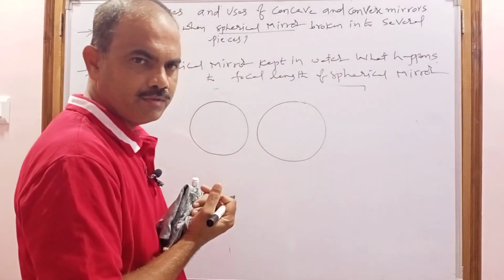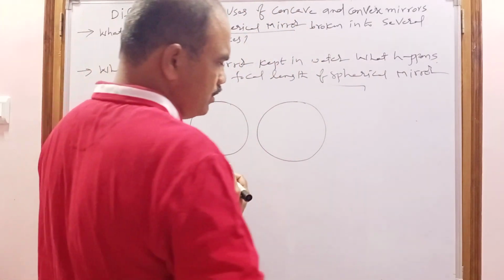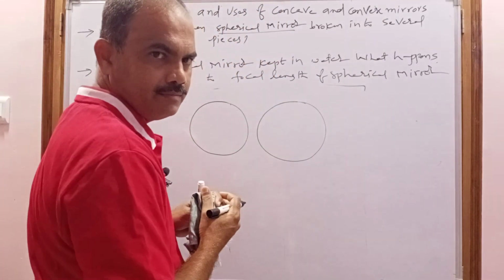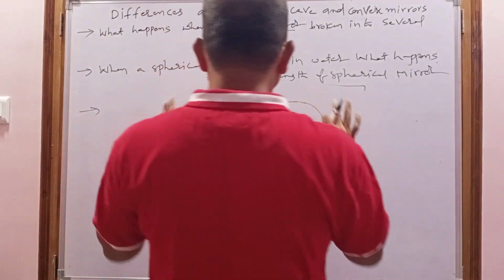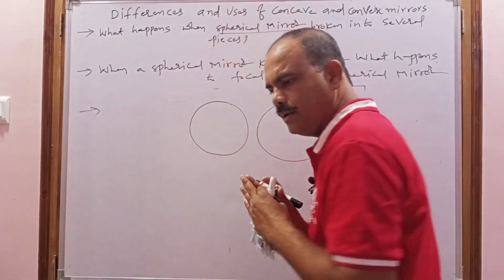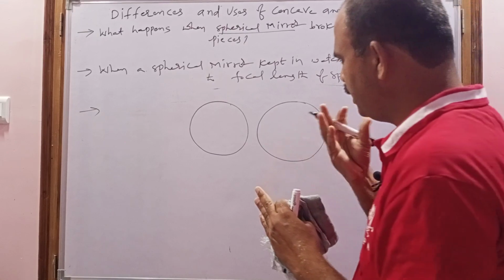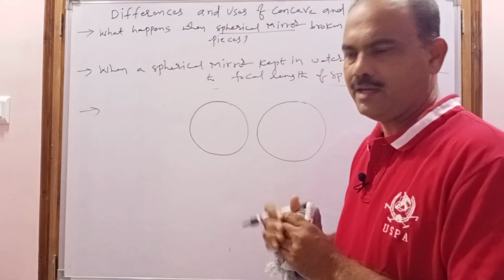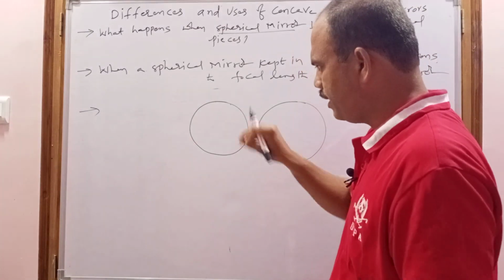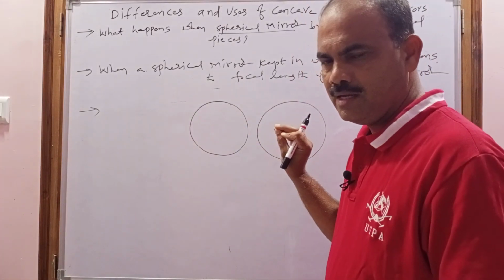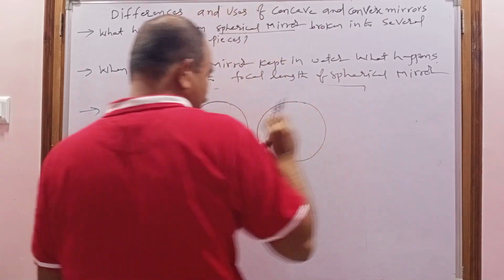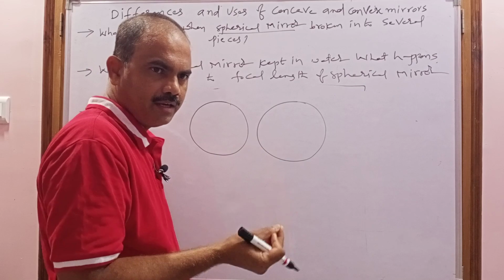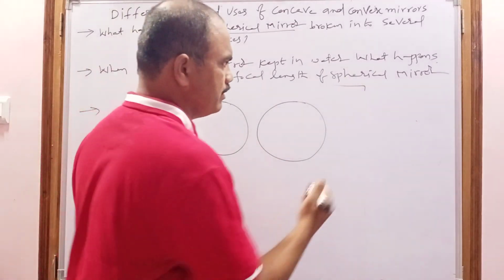What do you have to do? First of all, you have to walk nearer to the wall and stand in front of the mirrors, such that your face appears in the two mirrors. Check the image of your face, and your face is nothing but the object here.